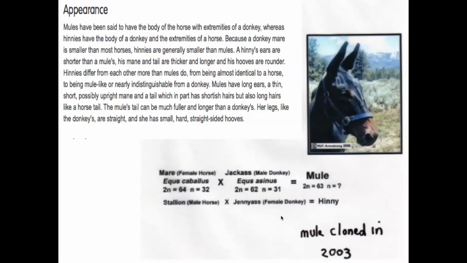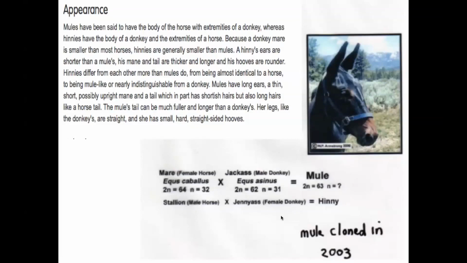So there is a subtle difference between the two. And my question to you is, why do you think that would be? There are actually several reasons, but based on things that we've discussed, why would a hinny be different from the mule? Is there any genetic difference between the two?